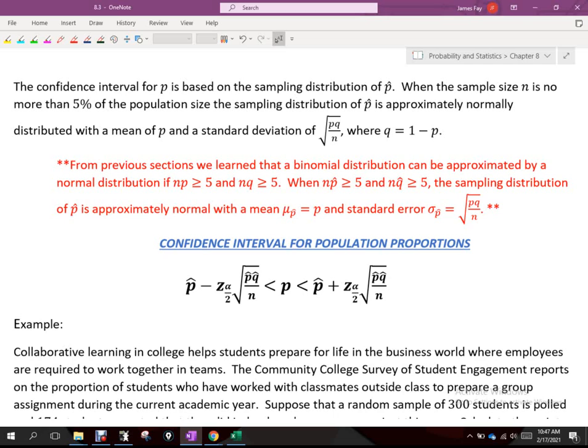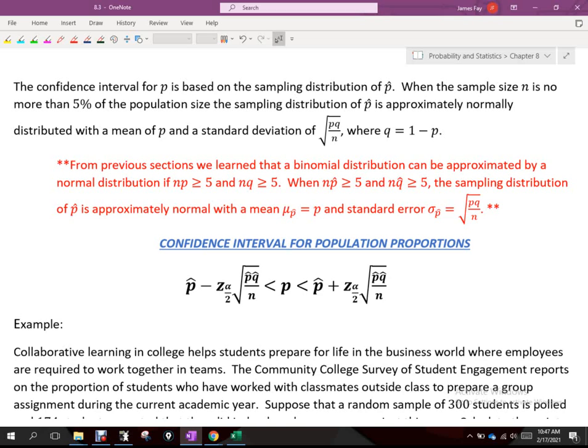Up here it says we'll have a mean of P and a standard deviation of the square root of PQ over N, where Q obviously is 1 minus P. Now that's if we knew everything from the population. We're not going to know P and Q; we're going to know P hat and Q hat, so they're the best replacements for P and Q. Does that make sense?